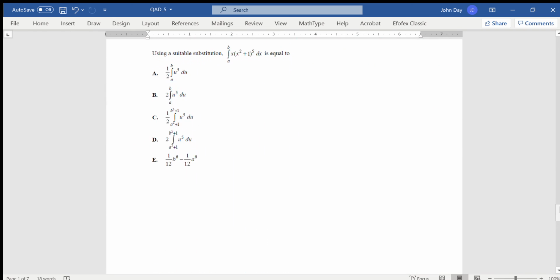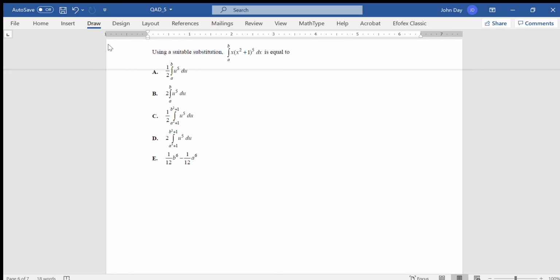Using a suitable substitution. Okay, this is a reverse powers rule, like the derivative of the function in the brackets is just sitting in front of the brackets, which means it's a classic for the substitution u equals whatever's inside the brackets. So I'll just do du dx first of all. That's 2x.